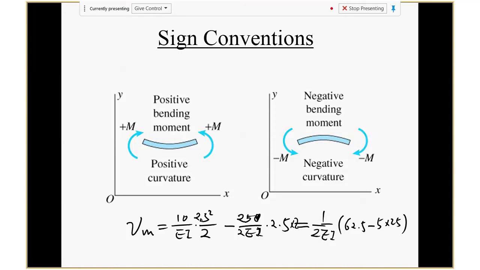If you bend the other way, we call it negative bending, and you have this going up, so you have a positive V value. So when M is positive, you have negative V. When you have a negative M, you have positive V. That's why there is a negative sign there.